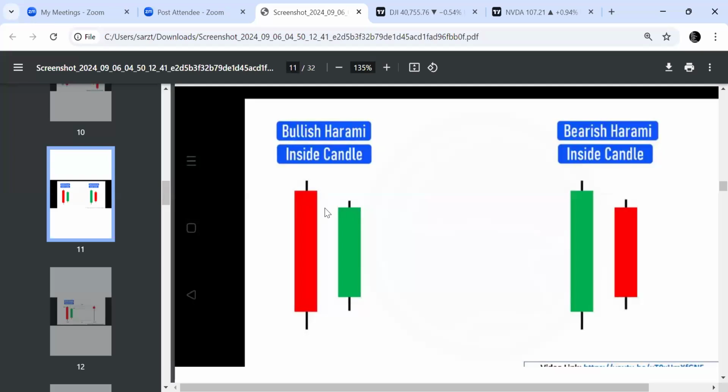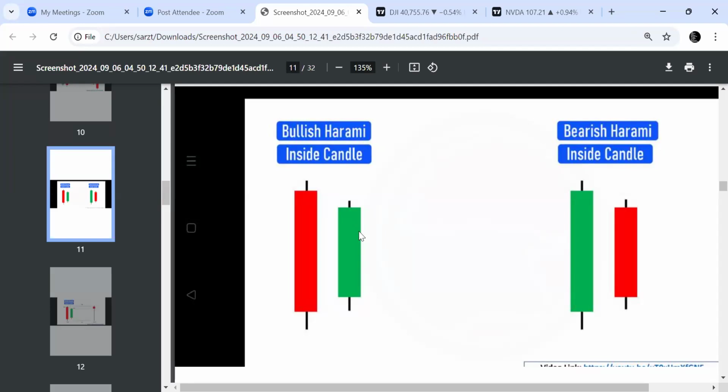A bullish harami forms when the market is in a downtrend, and after a bearish candle, a small bullish candle appears. This green candle opens above the red candle's close and closes higher than its open, indicating that the bulls are entering the market.